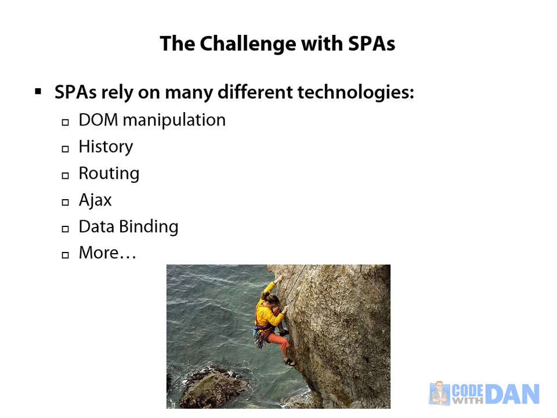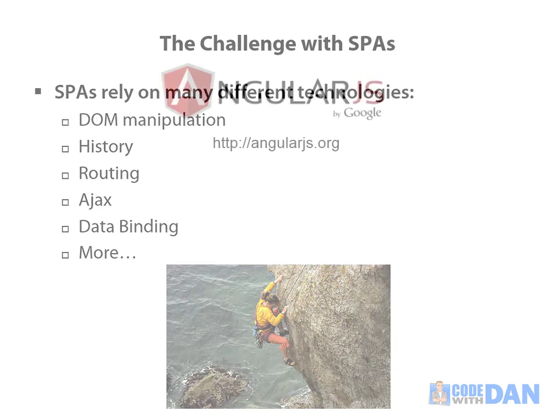Make AJAX calls so that we can get JSON data. Typically we'd use jQuery or one of those libraries. Bind the data that we get into our text boxes and drop downs and things like that. Well, you could use Knockout.js, which is an excellent data binding library. And there's even more we might have to do. So it kind of feels like you're climbing up this big cliff to build a single page application if you do it all from scratch.